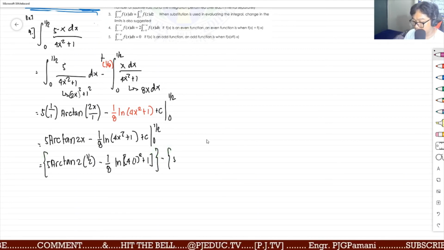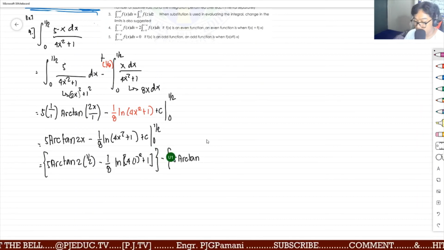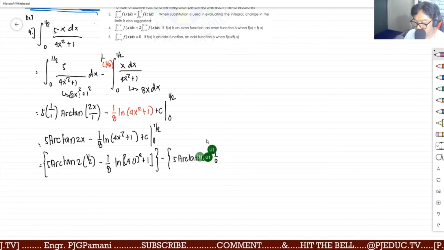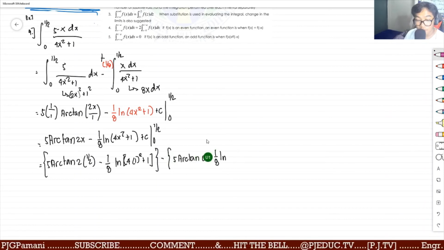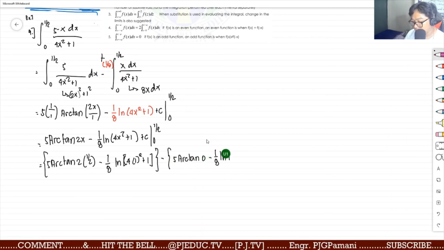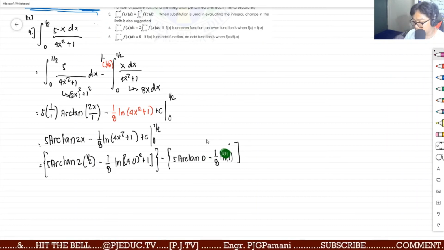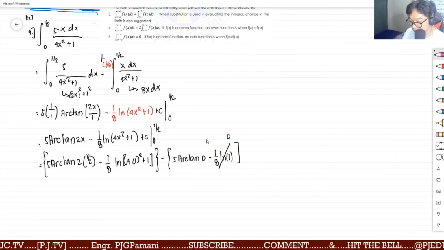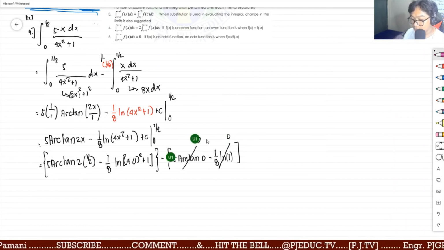That is 5 arctan of 0 minus 1/8 of ln 4 times 0, ln 1. Okay, that is 0. Ln over 8. Arctan 0 is also 0.